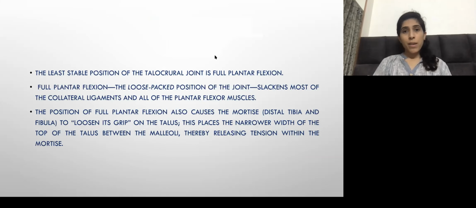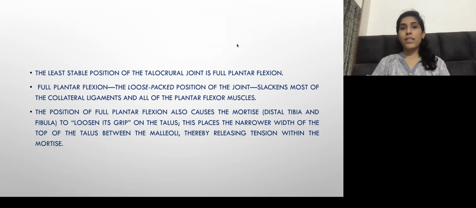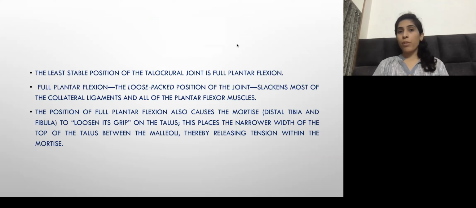The least stable position, we can say, is the plantar flexed position, because here the talus is moving away from the mortise, and there is less connection between the tibiofibula and mortise, along with less support from the ligaments and muscles to maintain this position.